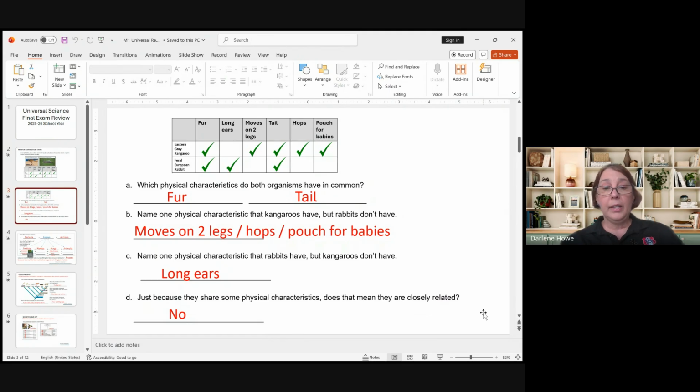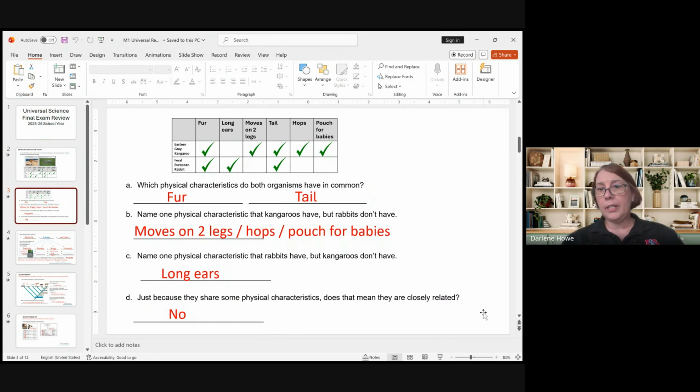Okay. So, when scientists first started to classify animals, the classifications were solely built on the physical characteristics of the animals, so what they looked like.